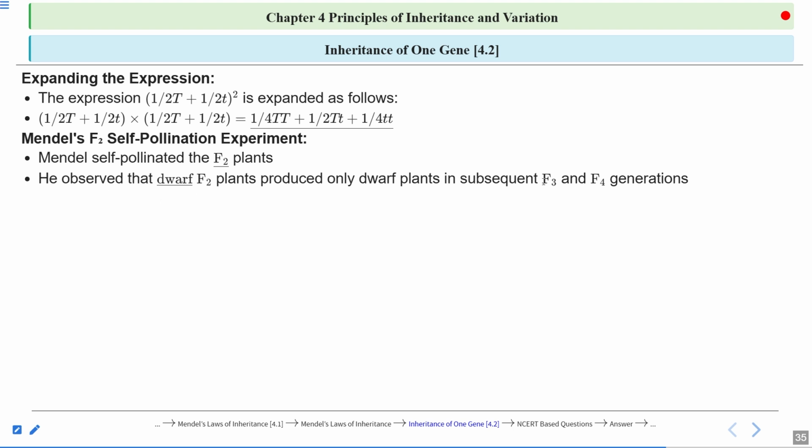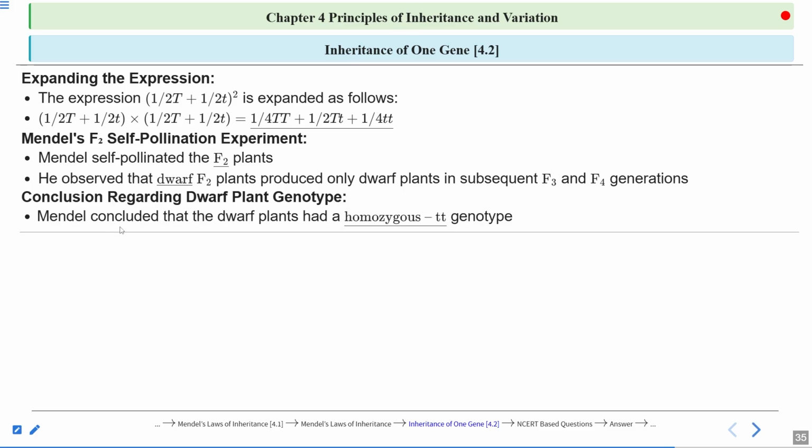If you are getting dwarf plants in the F3 and F4 also, this dwarf plant must be homozygous. Clear? If it is homozygous, only then will the recessive trait be produced in the next generation. So Mendel concluded that the dwarf plant is homozygous, small t small t, because in the F3 and F4 generations the dwarf trait was observed.